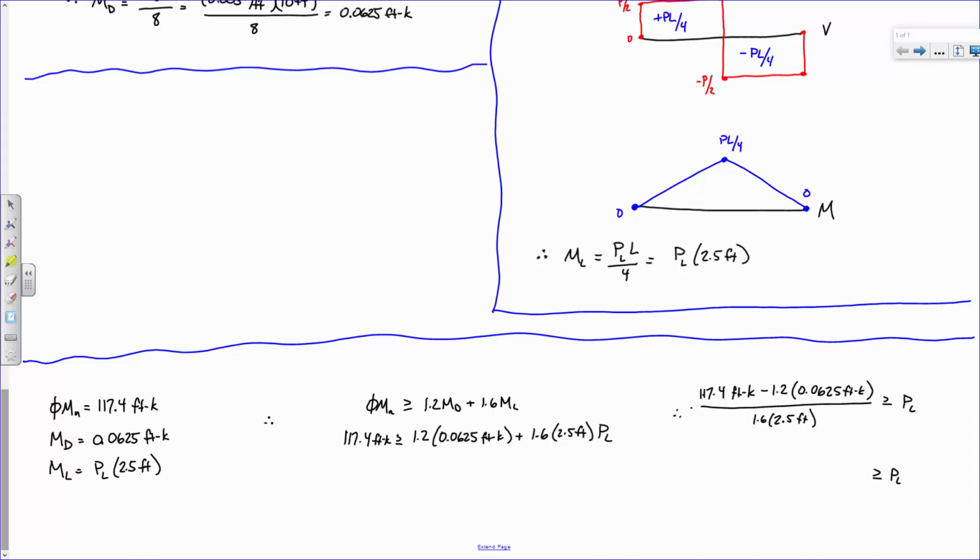So PL has got to be less than or equal to 29.33 kips.